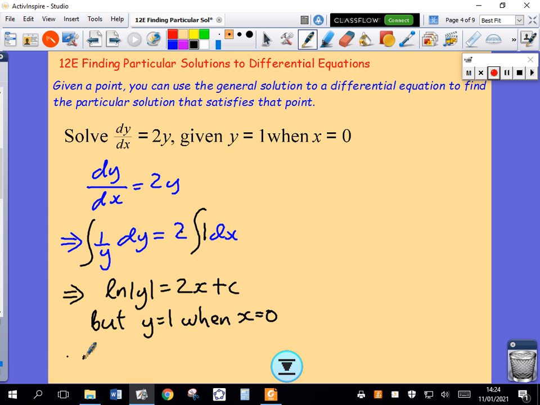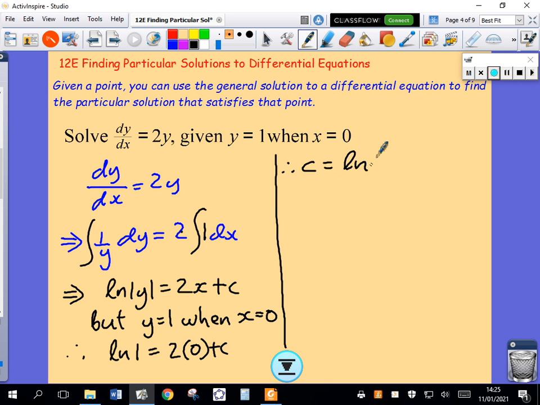Okay, therefore, substituting in, so we know that the natural log of y has to be equal to 2x plus c, so substituting in 1 for y, we're going to get the natural log of the absolute value of 1, which is, of course, just 1, is equal to 2 times 0 plus c. So we have the natural log of 1 is equal to c. Now, what is the natural log of 1?